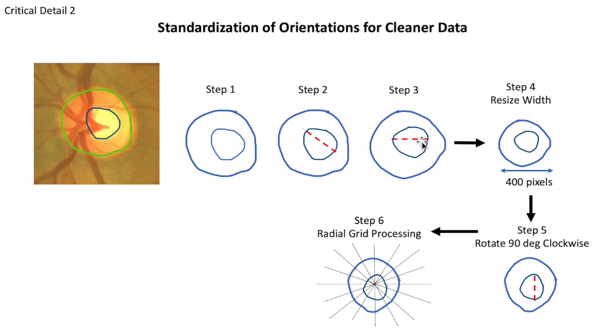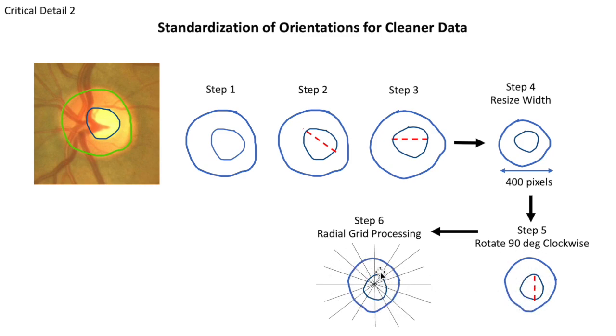And then when we want to measure pure shape, we resize the object so that its width is 400 pixels. Then we, out of convention, rotate the object 90 degrees clockwise so that its axis of greatest difference is vertical. We then send this shape for radial grid processing.